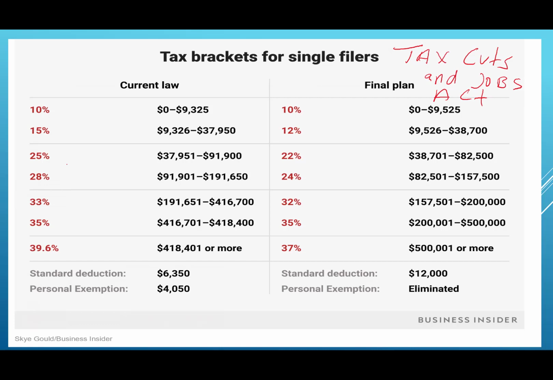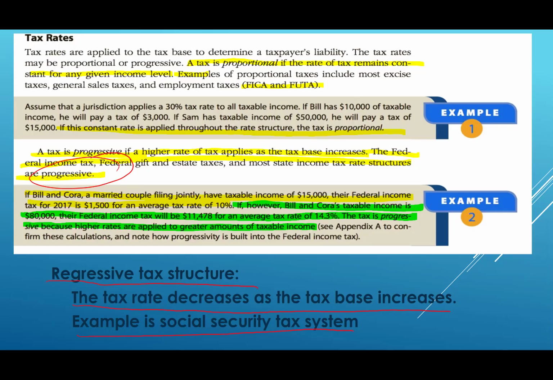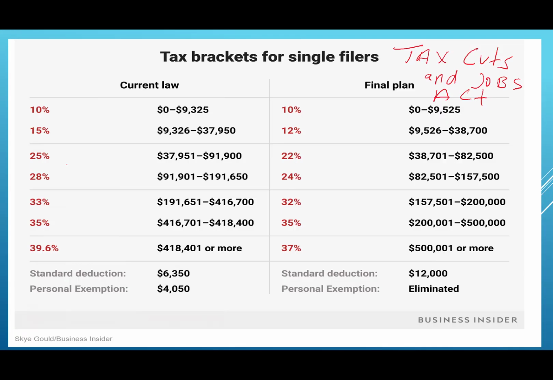For example, if you're blind, if you're 65 years old, they'll give you a personal exemption, which they currently are doing that for 2018 and beyond. That's been eliminated. Notice the tax rates. Okay, so the tax rates have come down, and the amount that they will tax is also coming down.